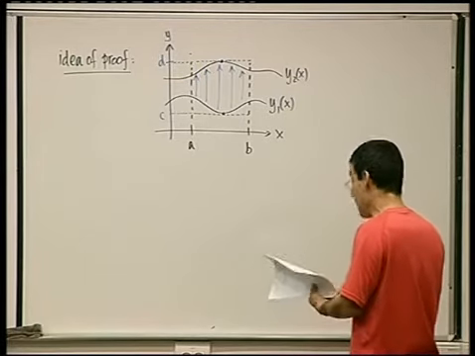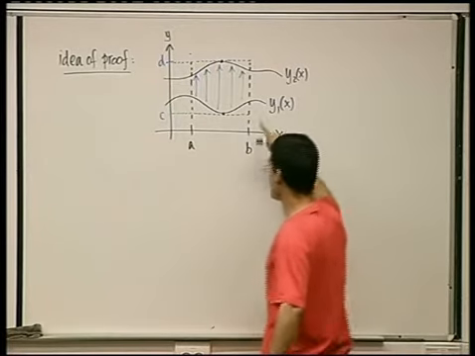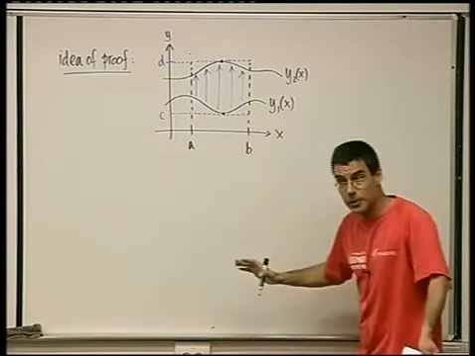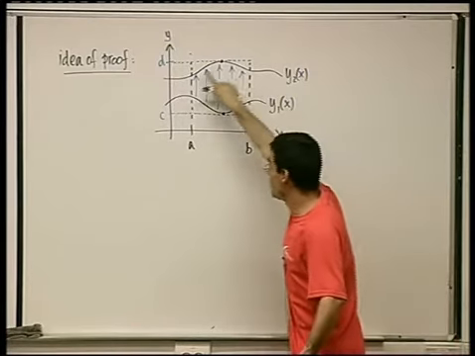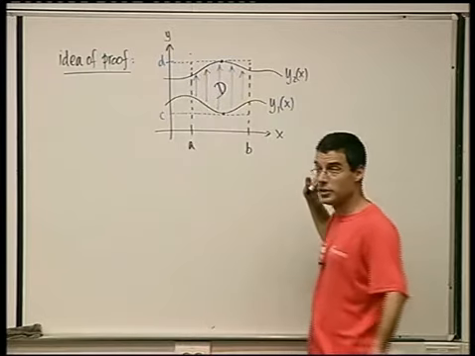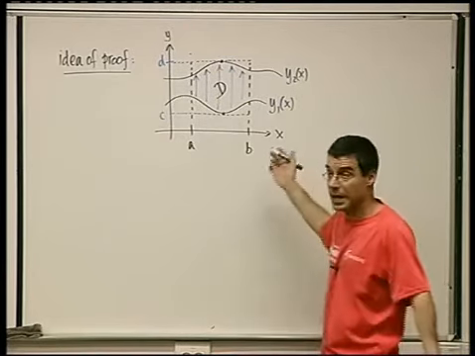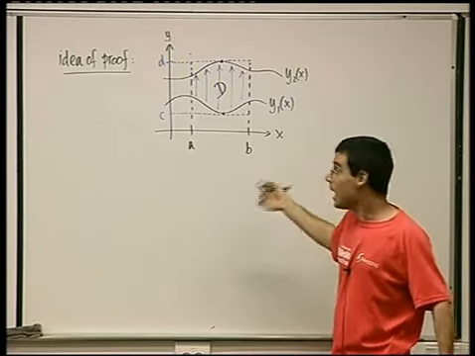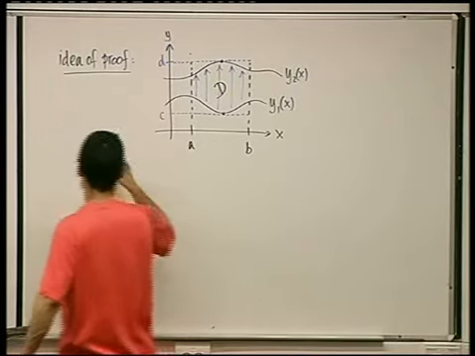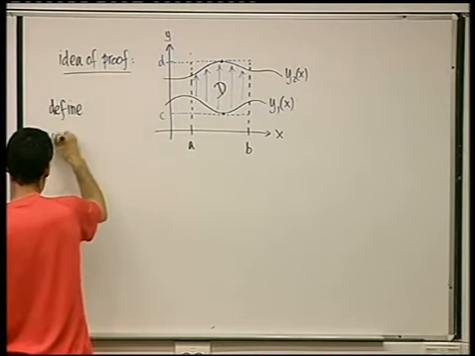I want to define a new function as well. Remember that we have f(x,y), which all we know a priori is that it's continuous on D, the inside here. As far as we know, it may not even be defined outside of D. So I want to define a new function, let's call it g(x,y).